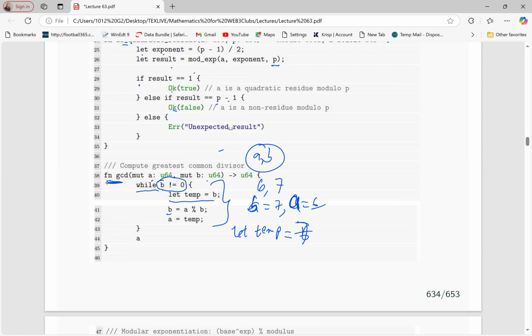So temporarily, we store B to be temporary. And then what is our new B? Our new B becomes the remainder of A on division by B. I've mixed this up, just a minute.